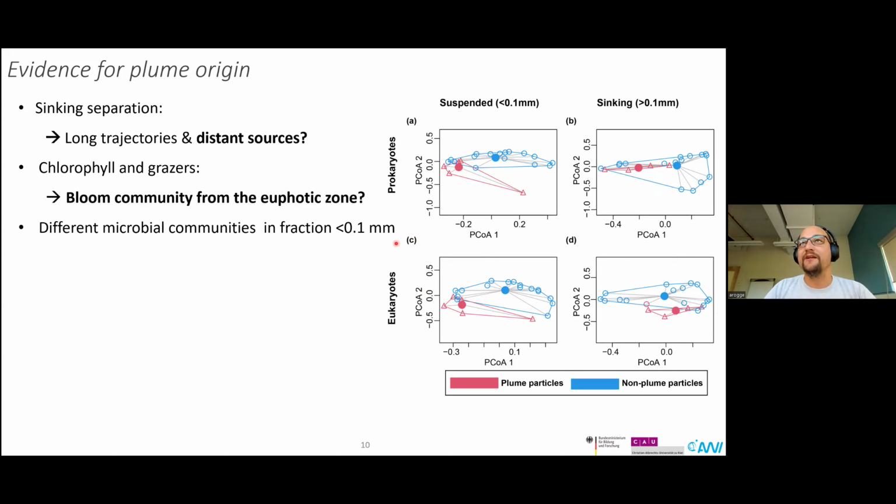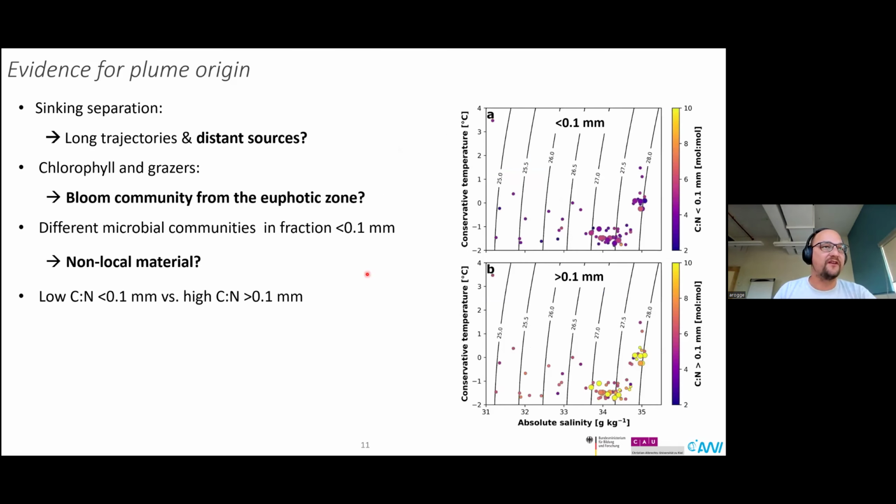And so I split that up into prokaryotic communities and eukaryotic communities for the suspended fraction and the sinking fraction. And you see that especially for the suspended fraction, the microbial communities, both prokaryotic and eukaryotic, were distinct from each other. So this also points towards non-local material, so that there's an intrusion from somewhere else.